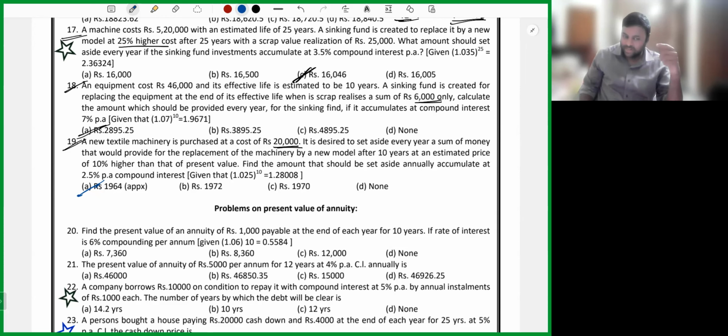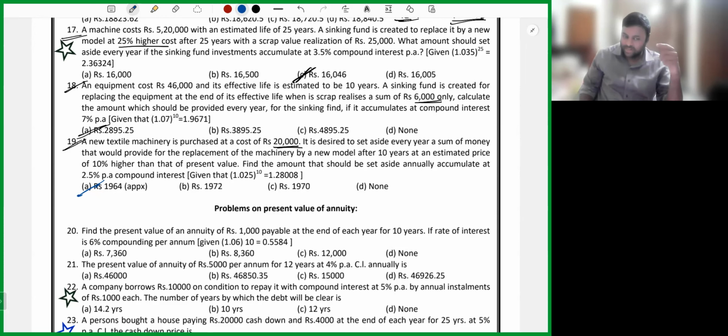This is the given example with respect to present value of ordinary annuity. In this example, I'll teach you how to compute present value of ordinary annuity, and in the same example, I'll teach you how to compute present value of annuity due also.